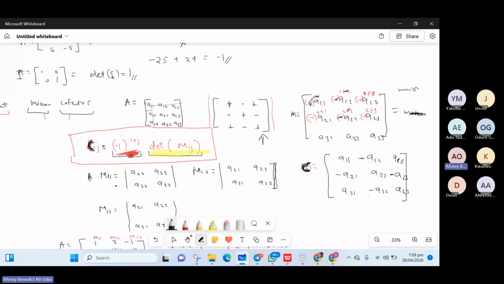Instead of computing it every time, you can just follow this matrix and get your cofactors from it. Should I go over one more time, or is it okay?